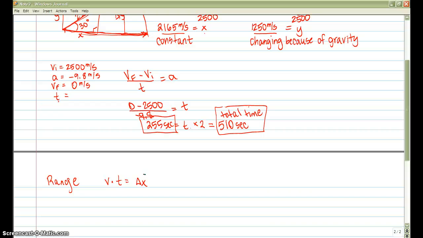So we can essentially take our 2165 meters per second times the total time that we're in the air, 510 seconds, and we can come up with a range that this thing will travel. So take your 2165 times 510. Yes, it comes out to be a very large number.